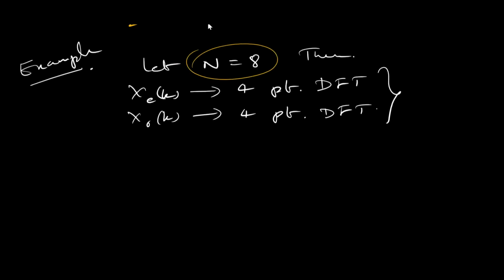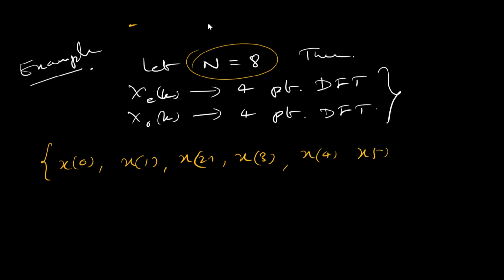For N equal to 8 we'll have 8 samples, so I can write my sequence like this: x0, x1, x2, x3, x4, x5, x6 and x7.